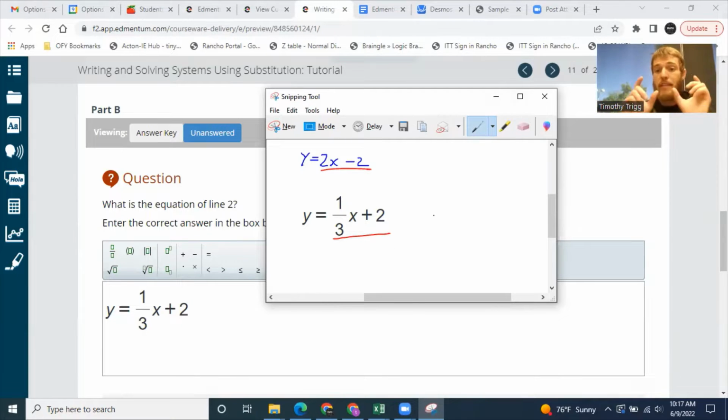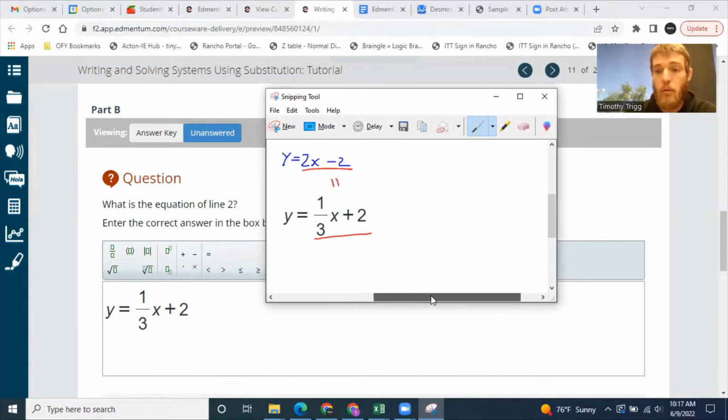So since they both say y equals, if 2x minus 2 is y, and 1/3 x plus 2 is also y, that means we could put these equal to each other because they both equal y. So we can write our equation putting them equal to each other. Essentially what I'm doing in this first equation, it says y equals 2x minus 2.